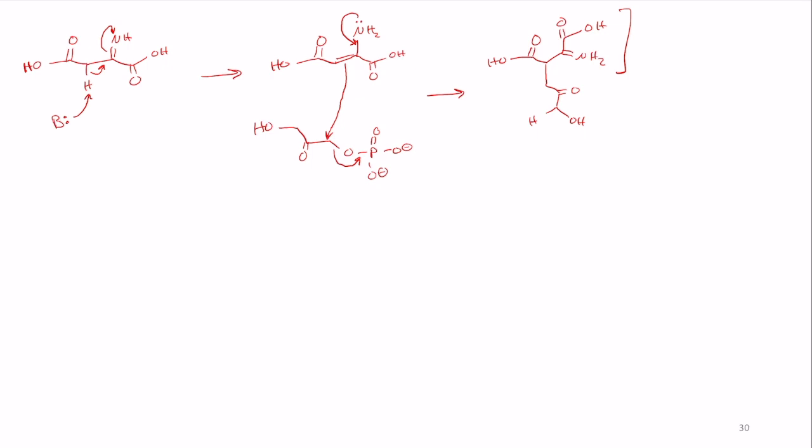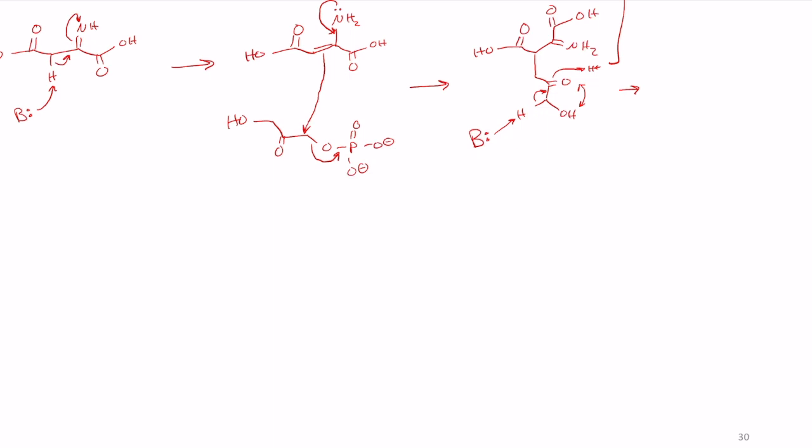Okay, so then the next step is that we're basically going to be switching this ketone and this alcohol. So simple step here is we base deprotonate, form the double bond, kick up, and protonate. So now this is going to form the following molecule.